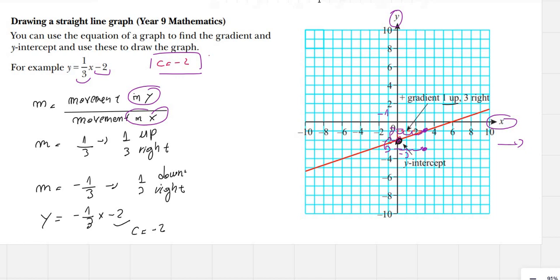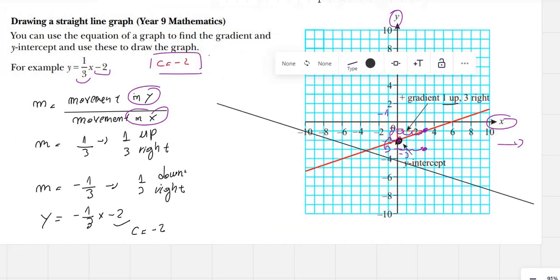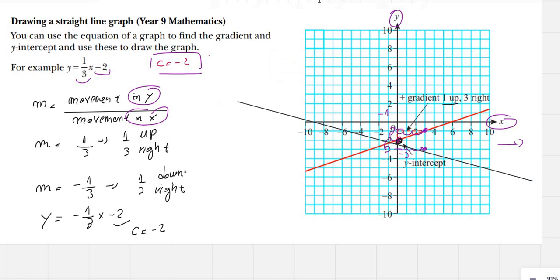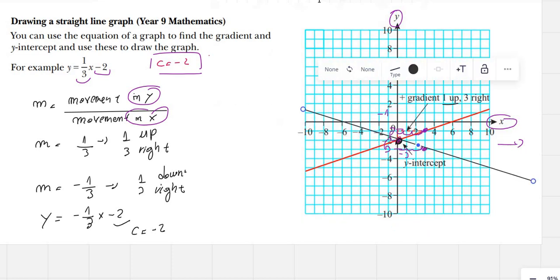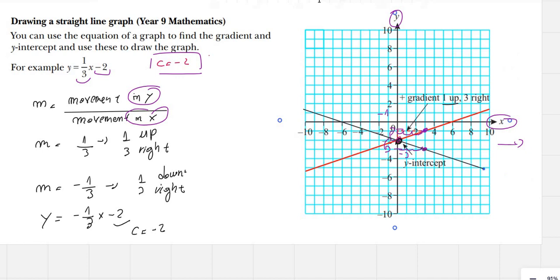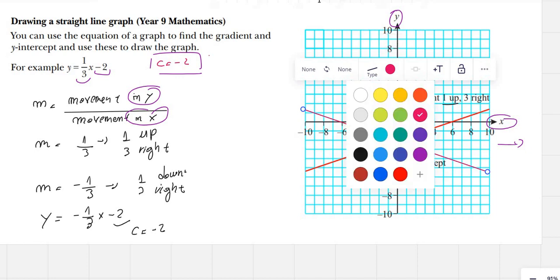And then once you have 2 dots, you can use the ruler to draw a straight line. Okay, this will be my straight line. We know that whenever you have 2 dots, they determine a straight line.